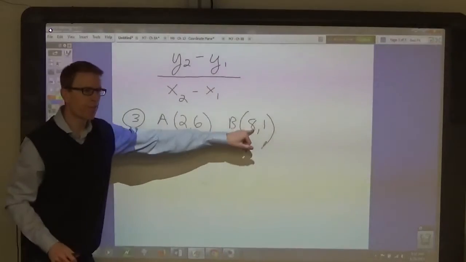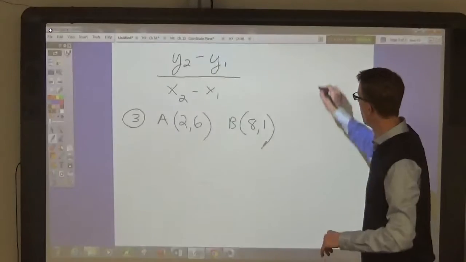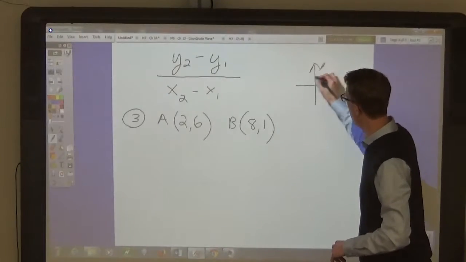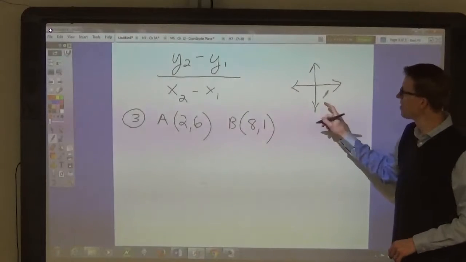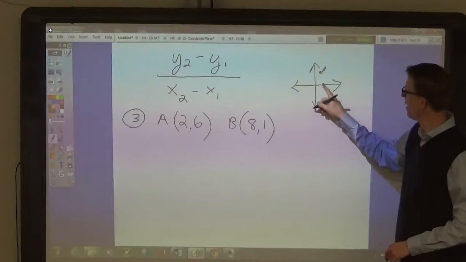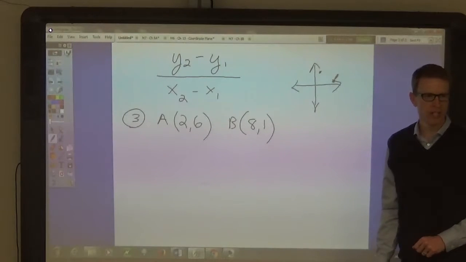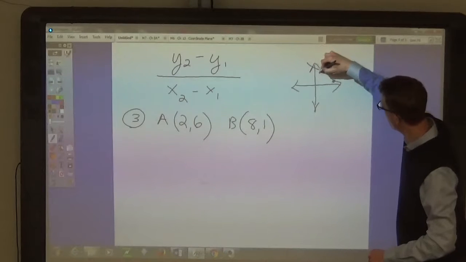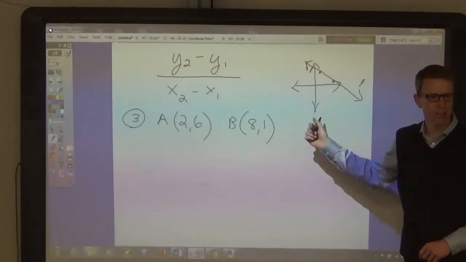Now, what these points refer to are points on a graph. So 2, 6 would be about here, and 8, 1 would be about here. So are we talking about a negative slope or a positive slope? It's going to be a negative slope.